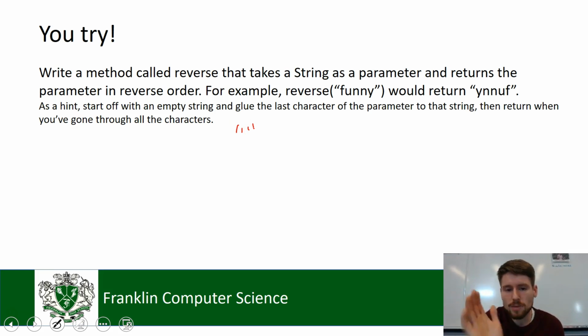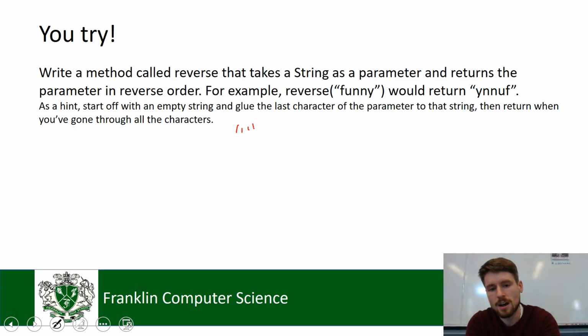And then you just start gluing onto this empty string the last character of your parameter. And you keep getting the last character, and then get the one that's right before that one, and then the one that's right before that one, and then stop once you get to index 0, because the index of the first character is 0, and the index of the last character is length minus 1.